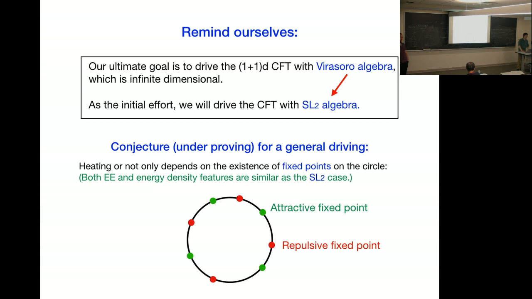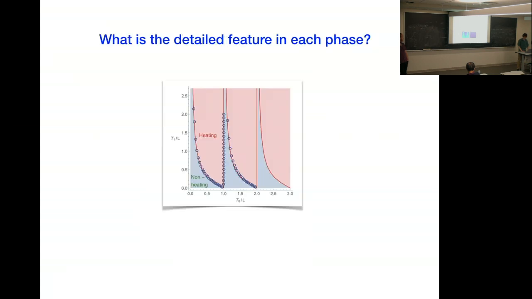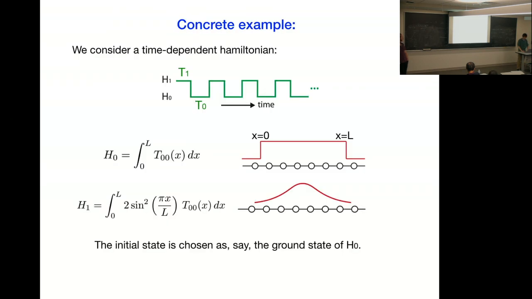Can you go to the slide where you wrote the H0 and H1, the Hamiltonians, at the very beginning? So there's this formula for H1, right? Can I just say that this sine is the square root of g, and say that it's the same CFT, but what I am actually doing is just changing the metric in time?